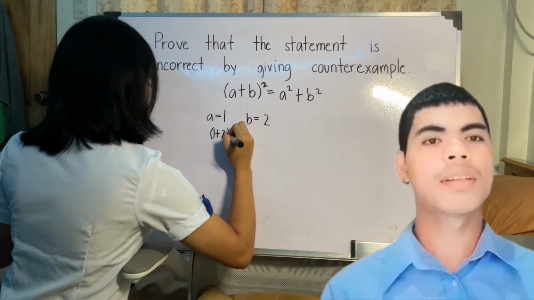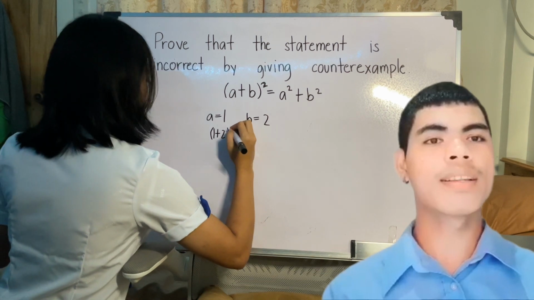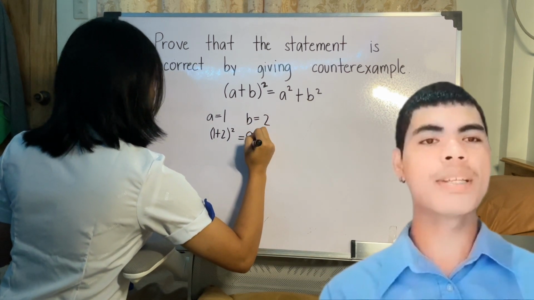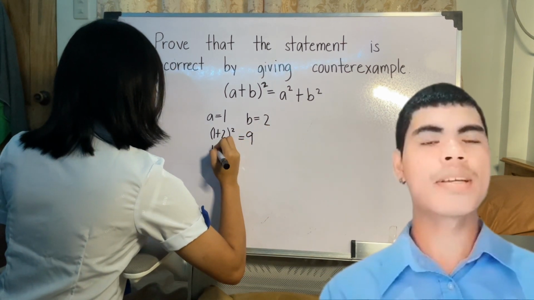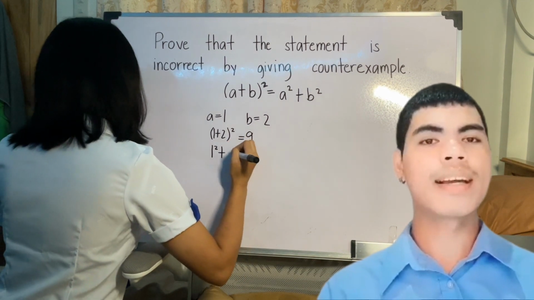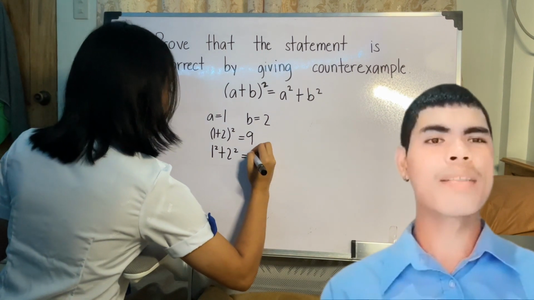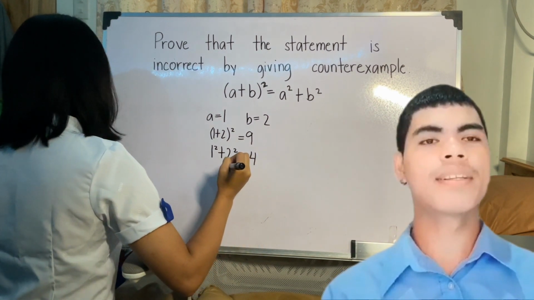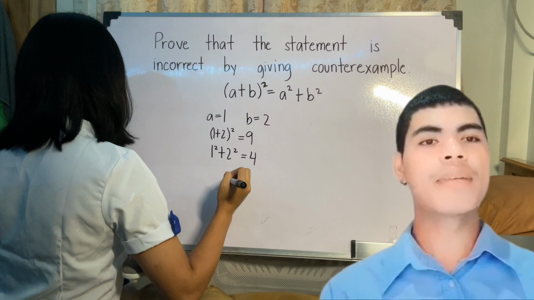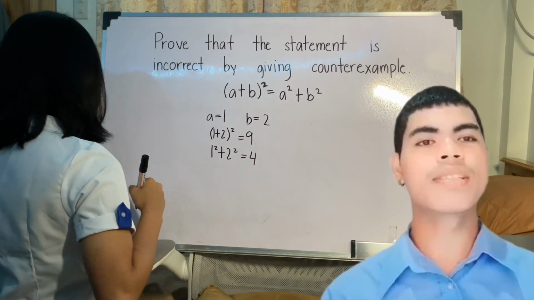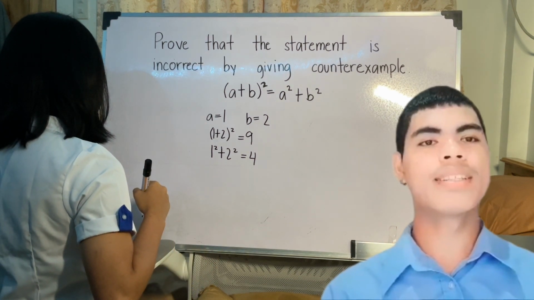If a is equal to 1 and b is equal to 2, then the quantity a plus b squared is equal to 9, because 1 plus 2 is 3 and 3 squared is equal to 9.